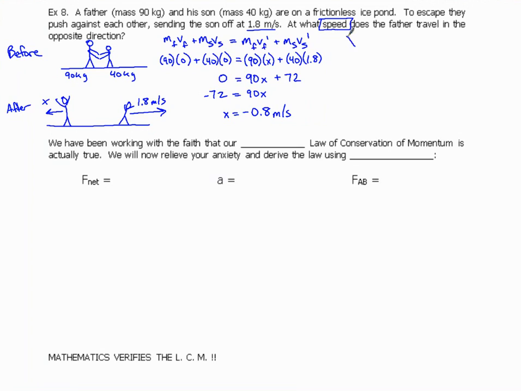But take a look at this. The question is asking for speed, which doesn't need a direction. And so with this answer, all we have to say is his speed is 0.8 meters per second. If it asks for velocity, his velocity is 0.8 meters per second in the opposite direction of the son. But it just asks for speed.